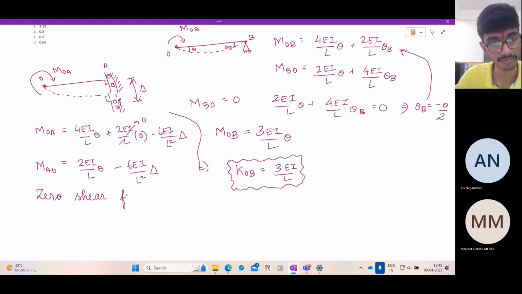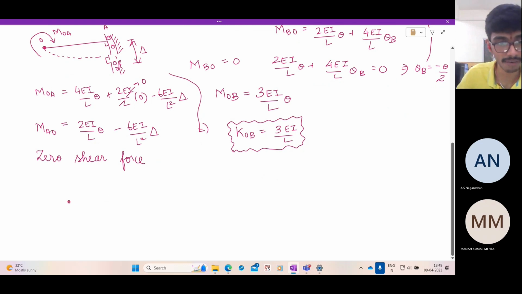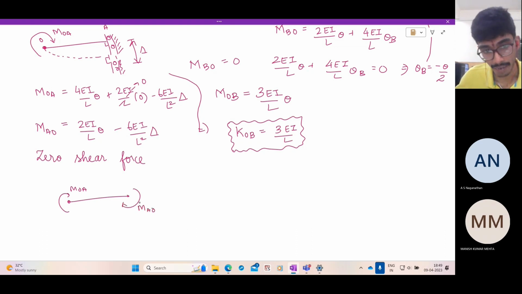So 0 shear force. If you draw a free body diagram of this beam, you have MOA, you have MAO. MAO is not 0. Note that the rotation is restrained, so there needs to be some moment which is taking care of it. MOA, MAO, and you have the shears V, V. They are equal and opposite because there is no applied loading. And what is the relationship between these?